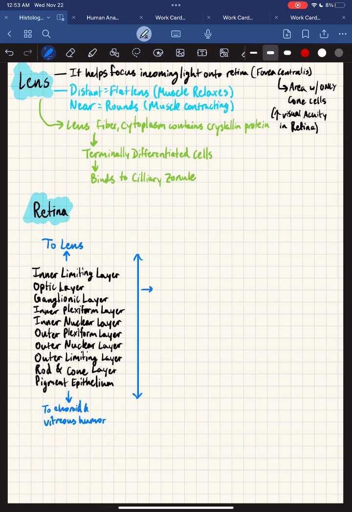The axons of neurons converge and form the optic nerve at this layer of the retina. So, axons of neurons converge and form optic nerve.